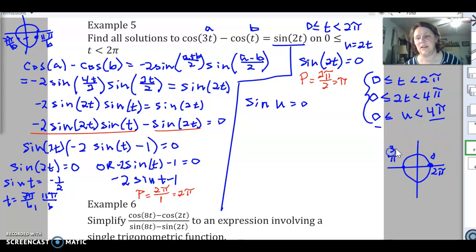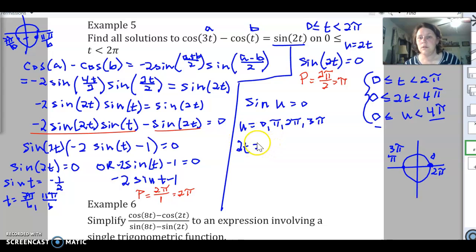And sine of 3 pi would also be 0. Now, I could go to 4 pi, but what does it say here? It does not want 4 pi. 4 pi is not included. That's why I'm not going any further. So my 4 solutions for u are 0, pi, 2 pi, 3 pi. That is all in terms of u.